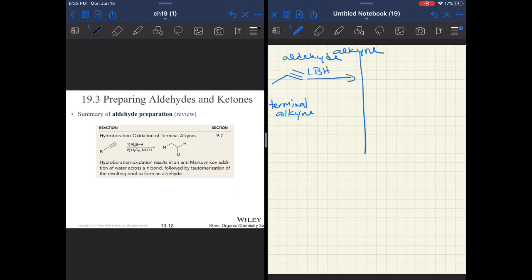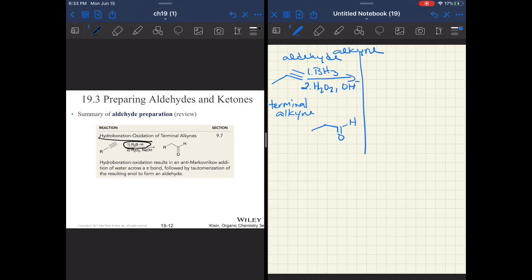Now, I usually just put BH3. A lot of times with the alkyne hydroboration oxidation, you have an alkyl substituted boron, maybe disiamylborane, or B2H6. It will be boron containing. And the second step will be peroxide and hydroxide. And for that, you would make an aldehyde, right?